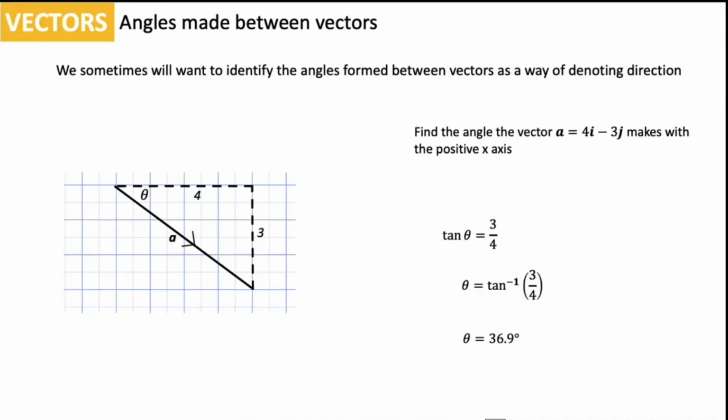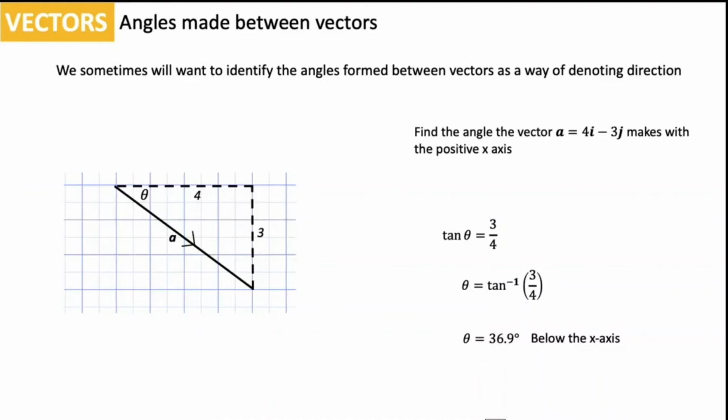This is 36.9 degrees below the x-axis, below the horizontal. So we can refer to the horizontal, we can refer to the x-axis, or we can write it as a bearing. Trigonometry helps us to find an angle, which we use to describe the direction that the vector is going in.